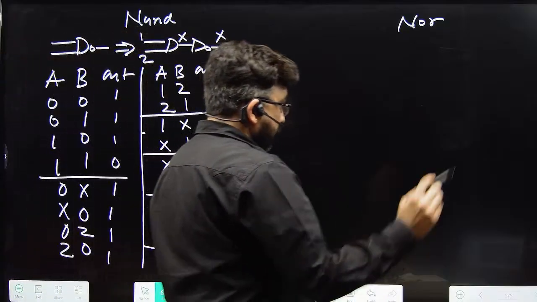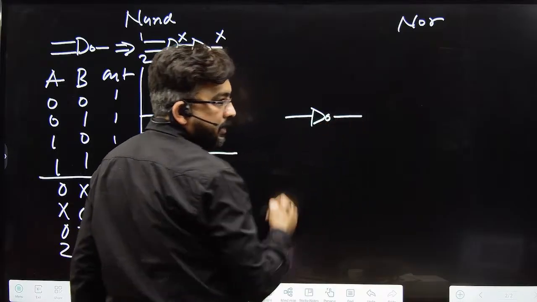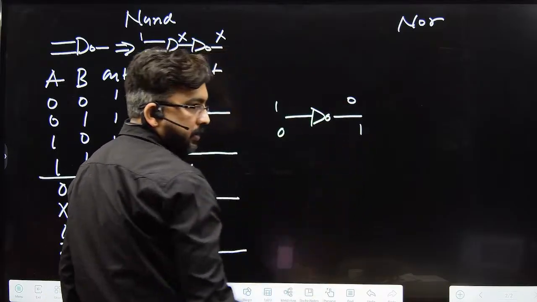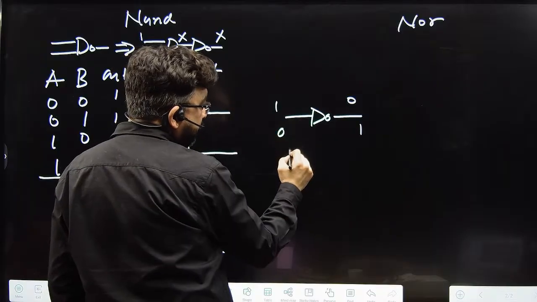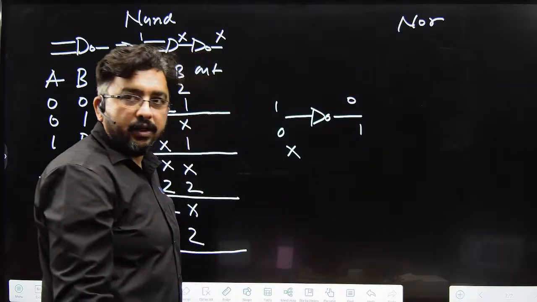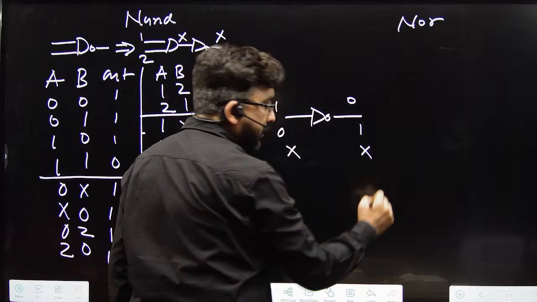Let's take a very simple example. If this is an inverter and I give 1, output is 0. If I give 0, output is 1. But if the input is X, unknown, then the output is not X bar, it is X only.